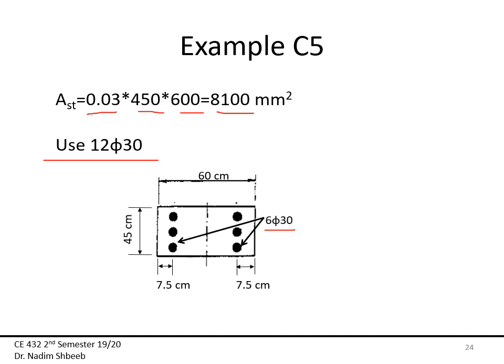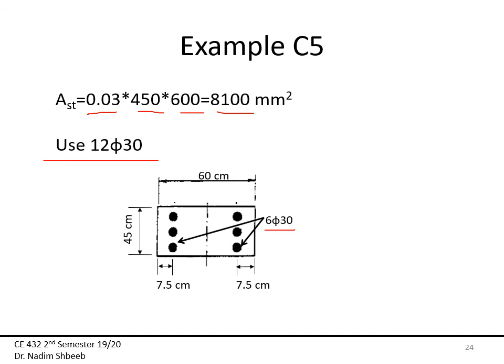So again, the same technique that we used: 6 times 30 plus 5 times 30 plus cover 40 plus, since this is 530, I can use 510 plus the 10, so this is 50 cover on each side, which amounts to 200, and that will be less than your 45 centimeters.